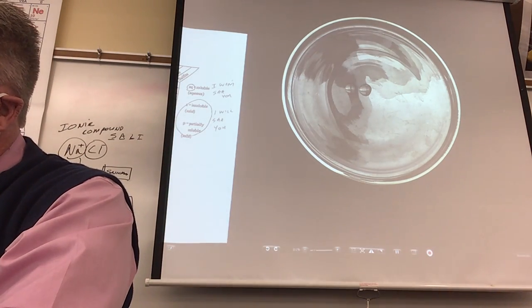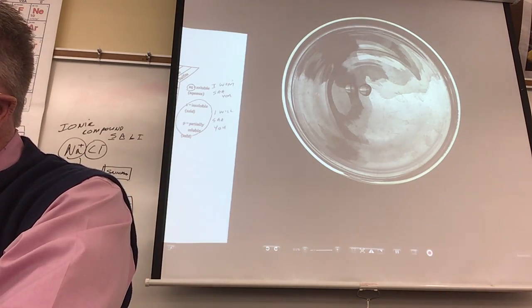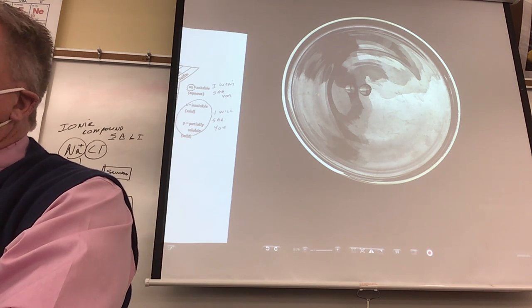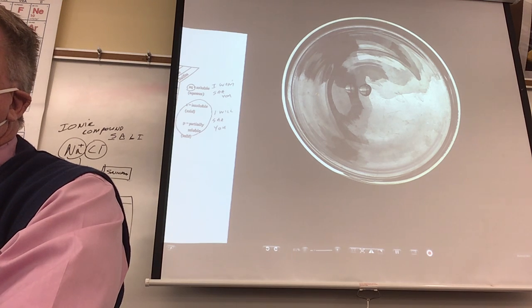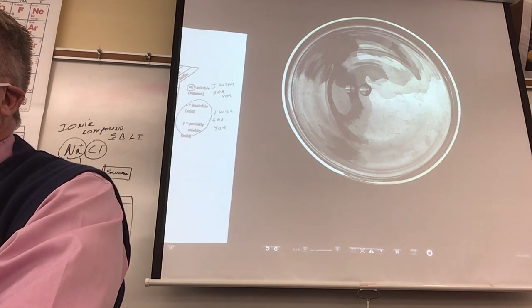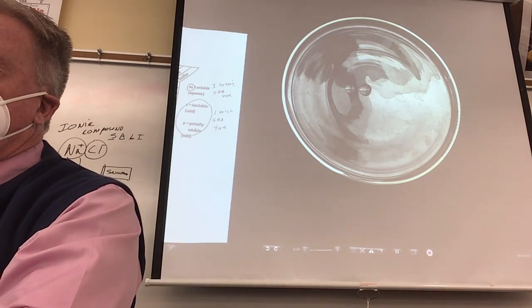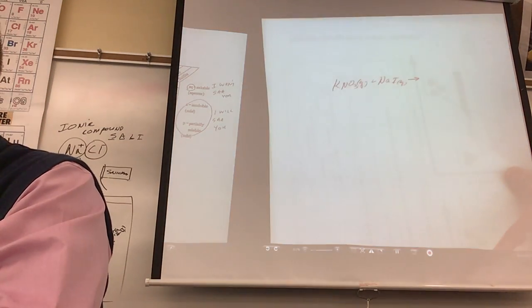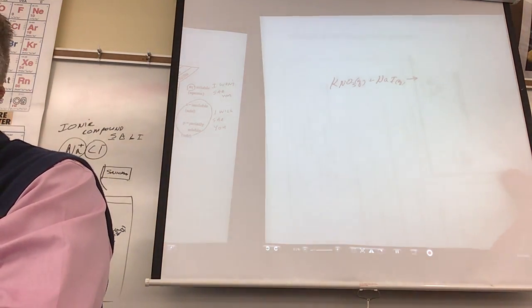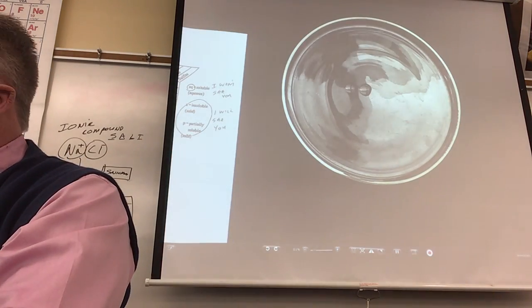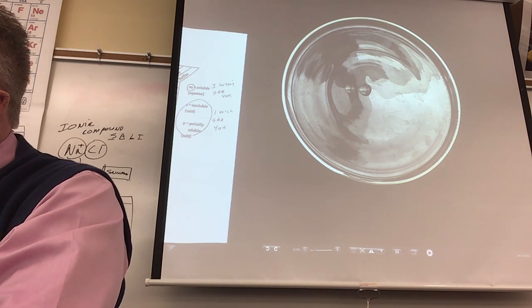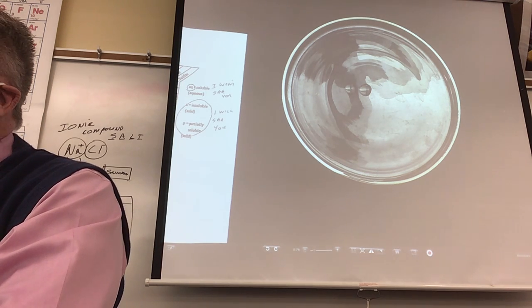So we've got potassium nitrate aqueous plus sodium iodide aqueous yields. What's going to yield? Double replacement. Do you have the reactants written down yet? That's what I asked you to do. All right, Daniel, tell me the two products.